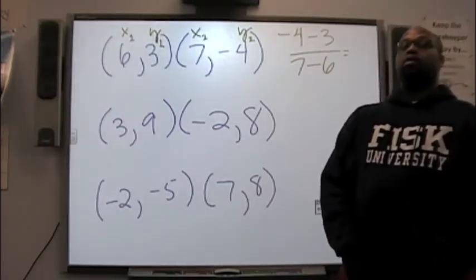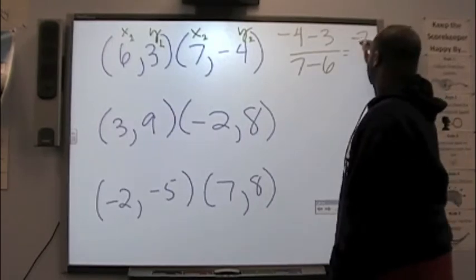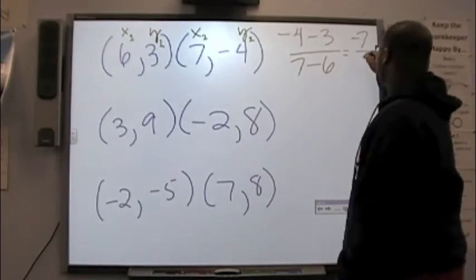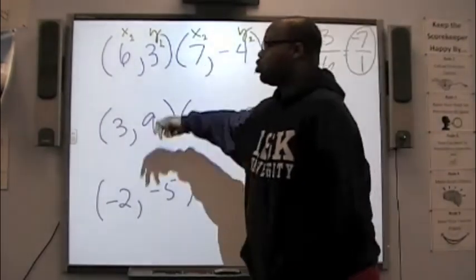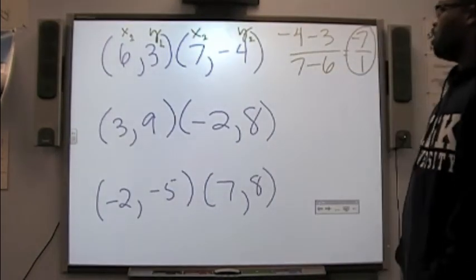If I have two negative numbers I add, that's going to give me a 7, but I'm going to keep that sign, -7. Over 7 minus 6, which is 1. So my slope for these 2 points, if they are connected, is going to be -7 over 1, or just -7.